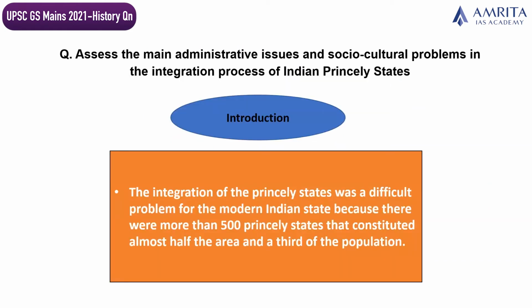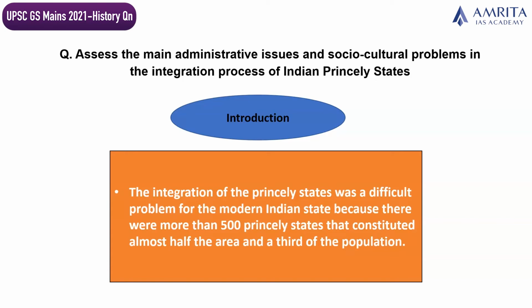As I had told you, in the introduction we start by defining that there were so many princely states and how it was a very difficult task for the newly independent country, India, to accommodate the demands of all these princely states and incorporate them into the Indian Union.